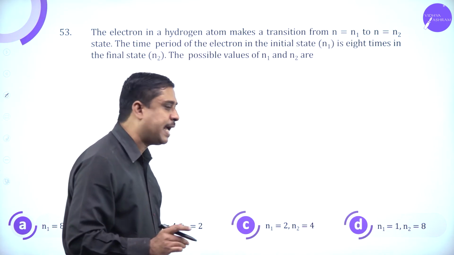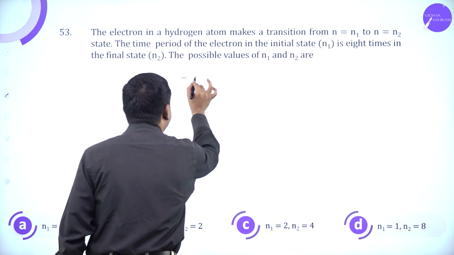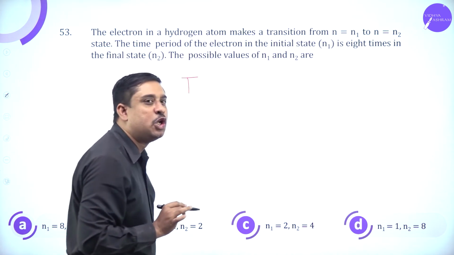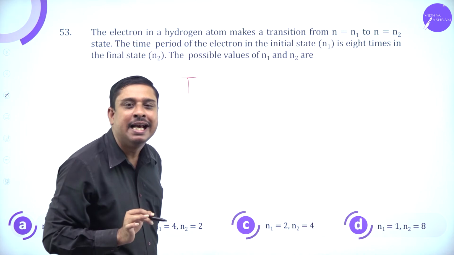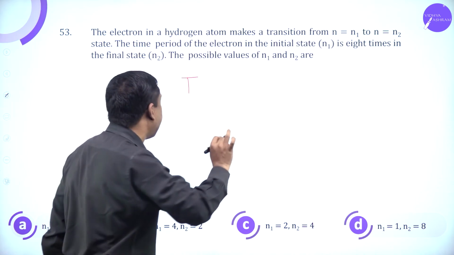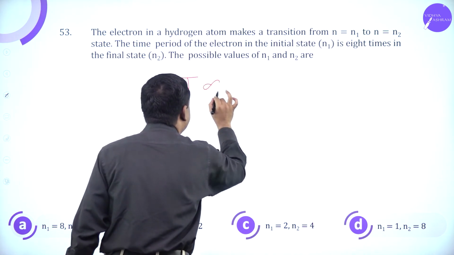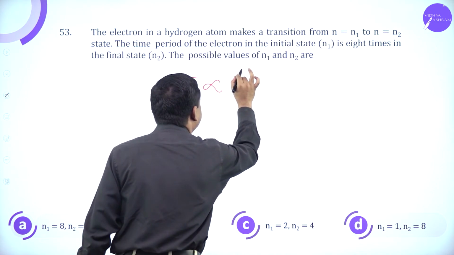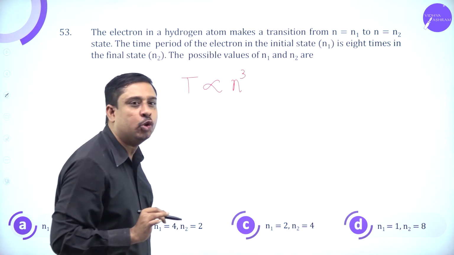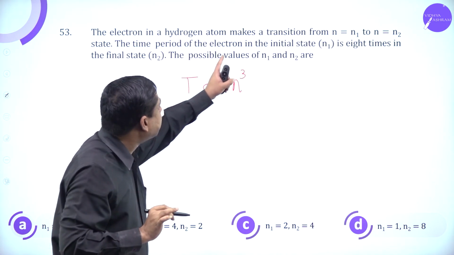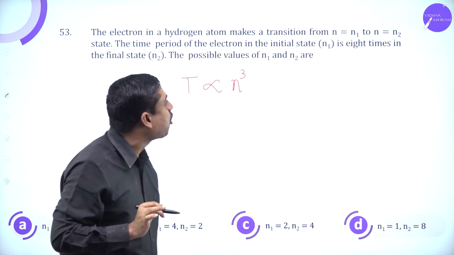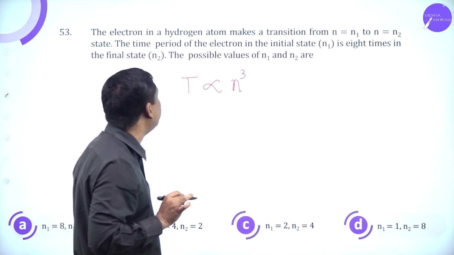Time period of revolution of an electron in a hydrogen atom is directly proportional to n cube. Transition is happening from n1 to n2 state.